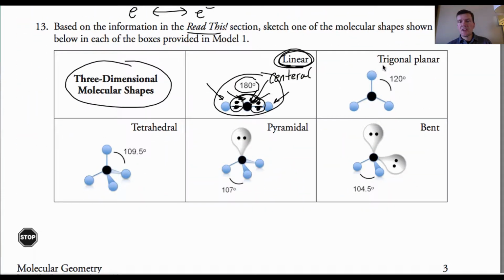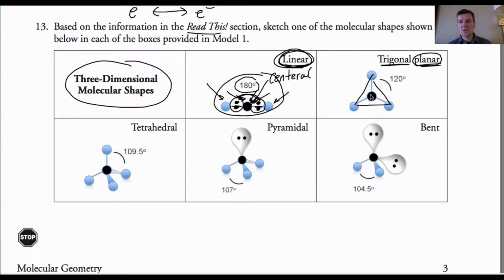Let's grab trigonal planar. Now planar means it is flat, and it's going to be in the shape of a triangle. So trigonal planar. By the way, linear also could be drawn flat. Right? The other 3 you'll see are very much three-dimensional. So trigonal planar, what do we need to have a trigonal planar molecular shape?